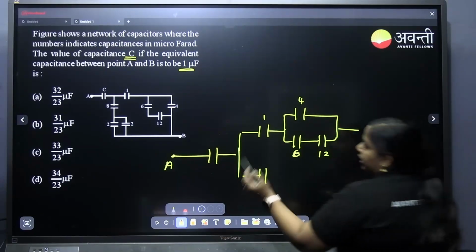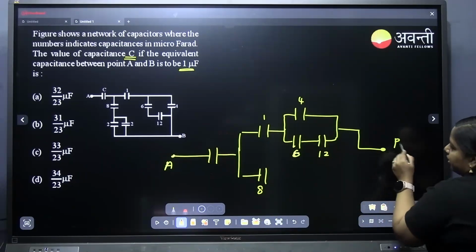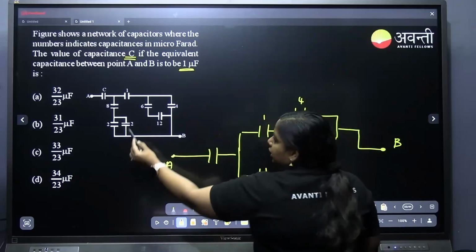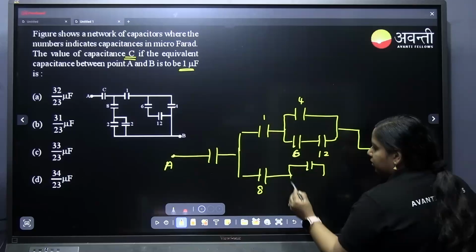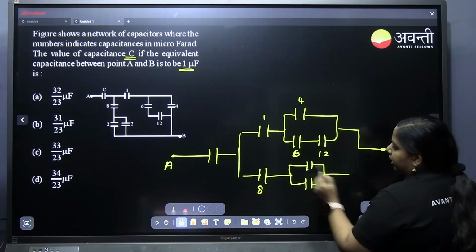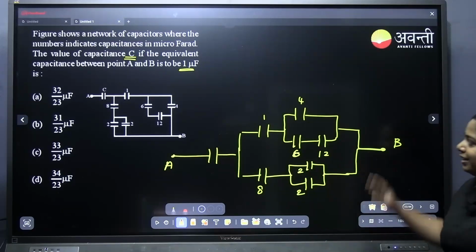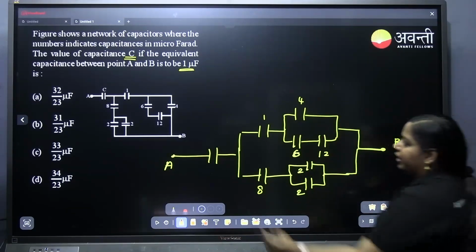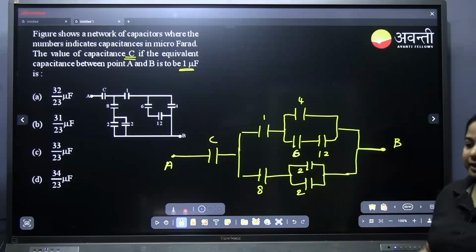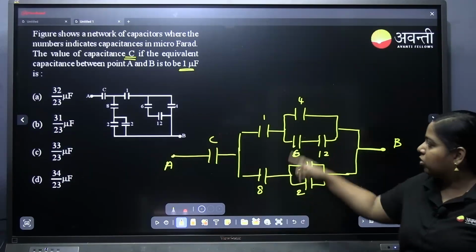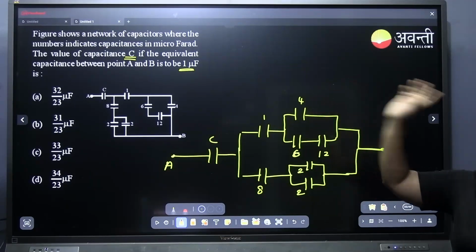And it is going to B. Then here it is coming and splitting into 2, this is 2 and this is 2. This is also joining B. This is the figure. Whatever is given is the capacitance of that particular capacitor. Now solve this and find the value of C. Total equivalent capacitance is 1 mu F.